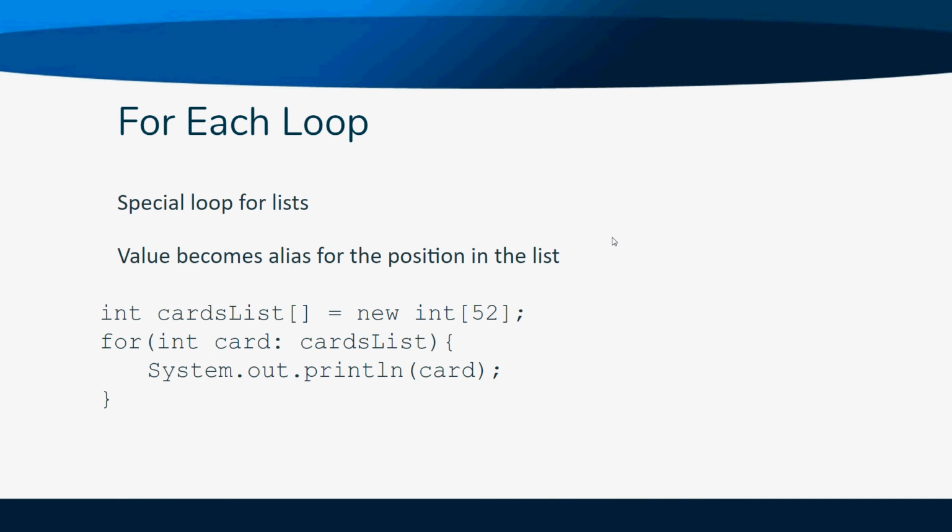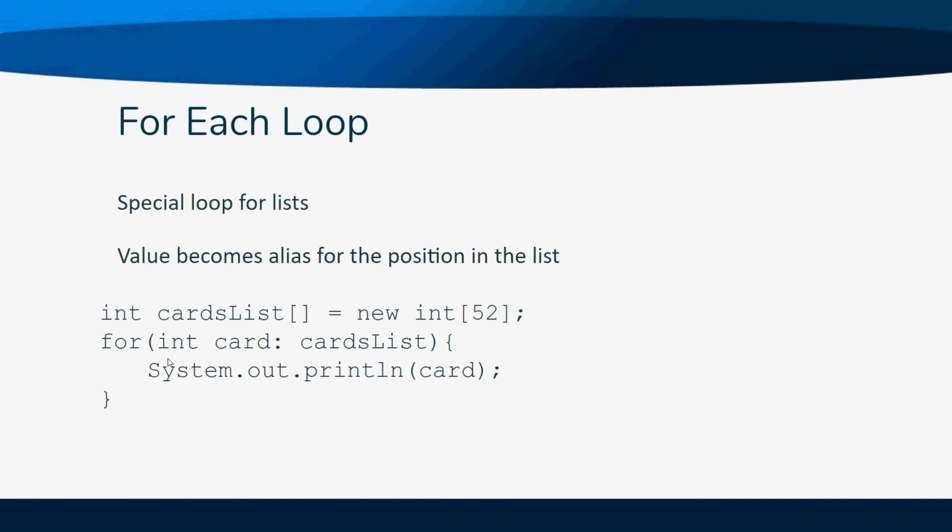Okay, now there is another type of for loop you can use. We've learned about the one kind. Now that you've gotten used to it, we're switching it up on you. This one's really cool because it's super simple. So here I have a card list, and it's of type int.